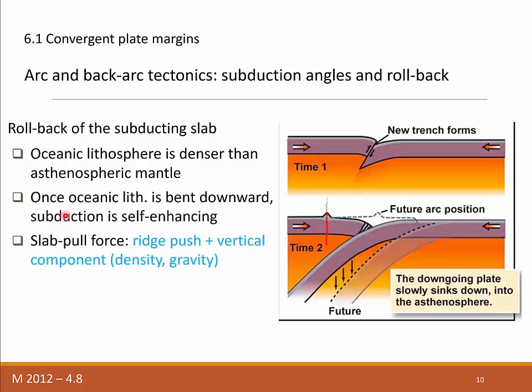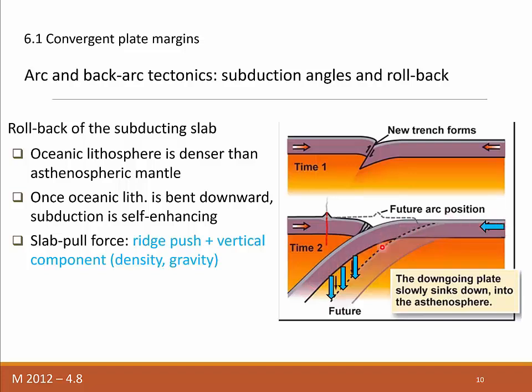The oceanic lithosphere, when it's bent downward, will show this self-enhancing subduction. The slab pull force, ridge push and vertical component are exerting movement vectors that are important. One of them is horizontal, that would be the ridge push force, but here we then have a vertical component which is density and gravity controlled, and the force of gravity exerts a vertical movement component onto the subducting plate.